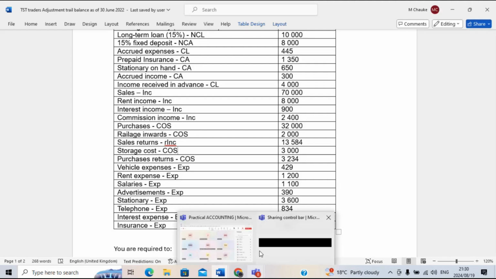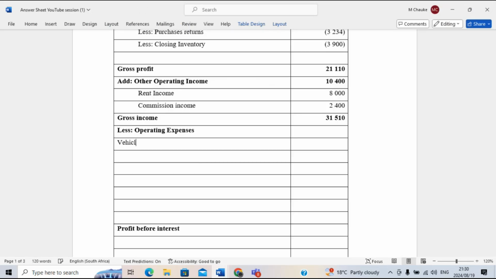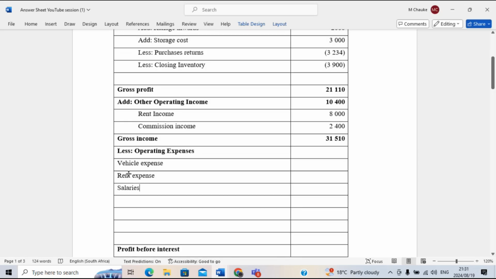So let's go to the answer sheets. Vehicle expenses. Rent expense. Salaries. Stationery.